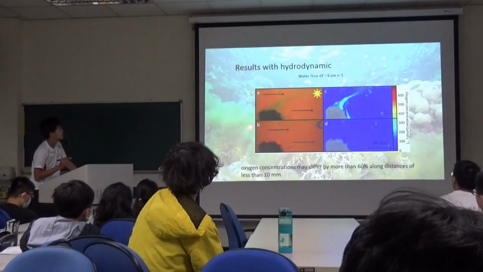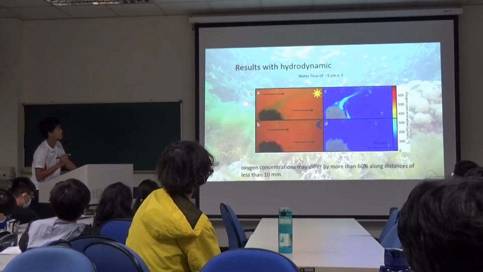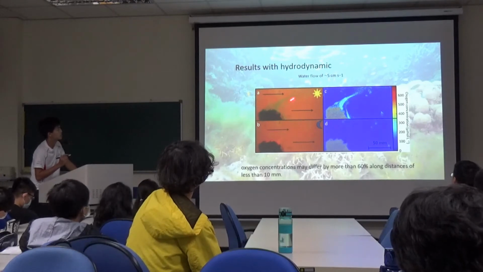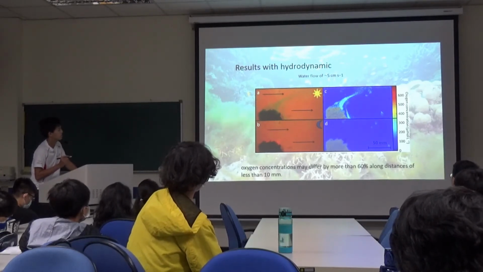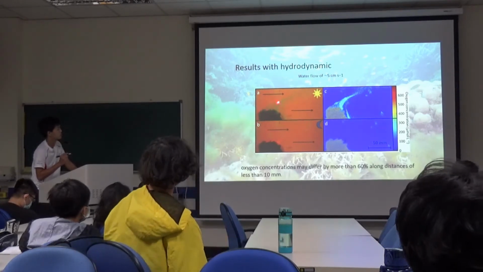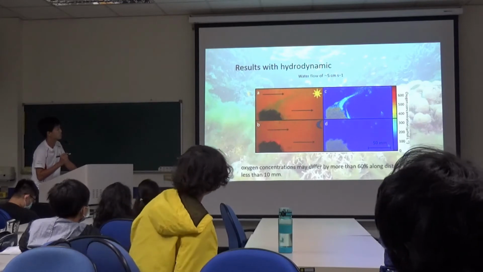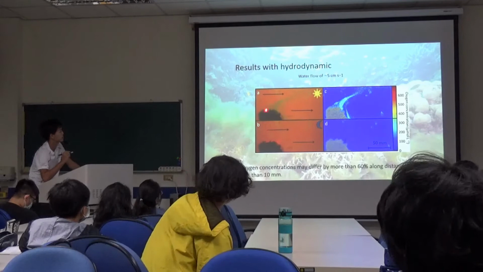And this is the result with hydrodynamics. The water flows from the left to the right, and this is at daytime. We can see the oxygen produced is pushed by the water to the right.